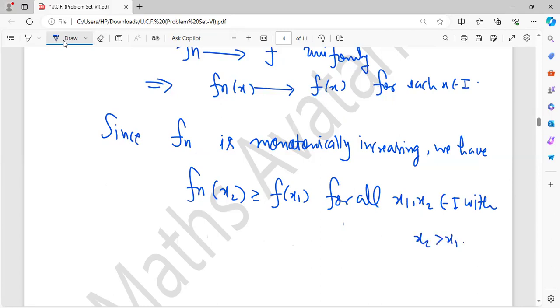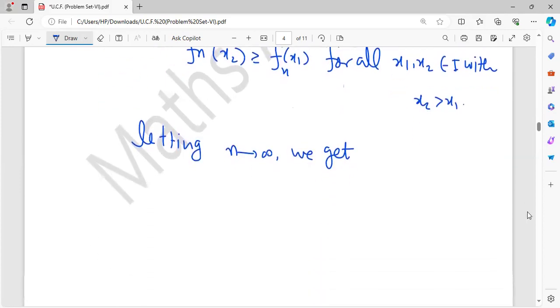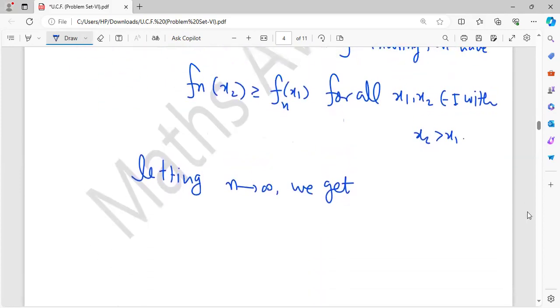Now letting n tend to infinity, it will converge to f(x2), and this will converge to f(x1), and the inequality will hold.